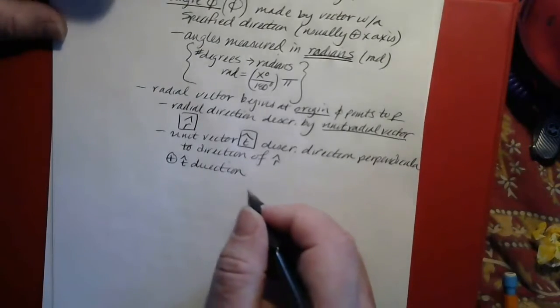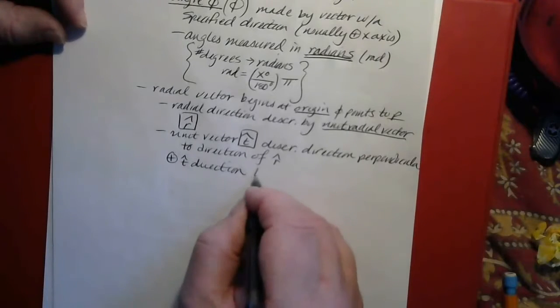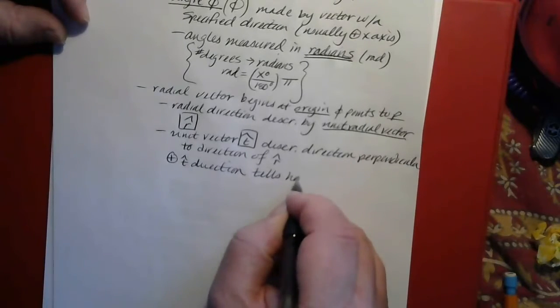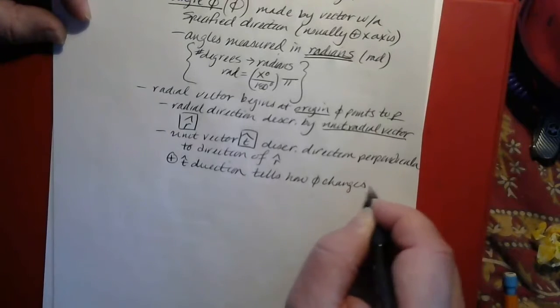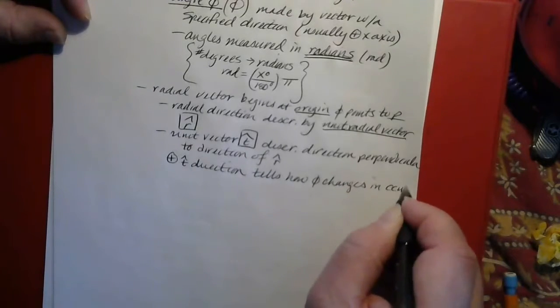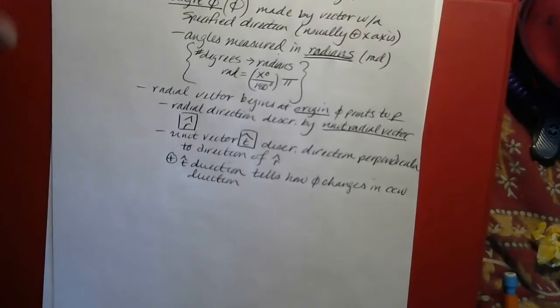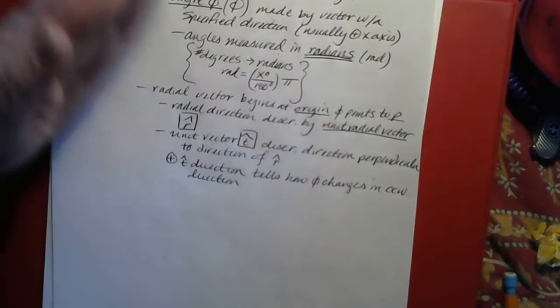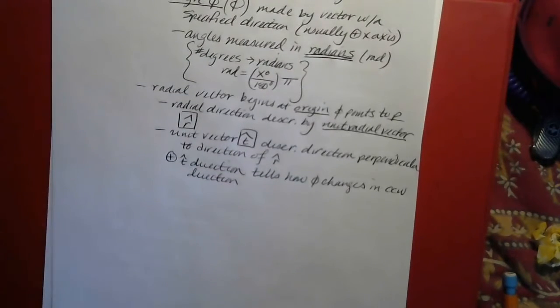The positive t direction just tells how phi changes in the counterclockwise direction. But that's just like saying that you measure phi going counterclockwise from the positive x-axis, like we do in our normal two-coordinate system.